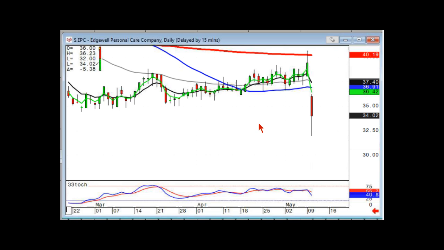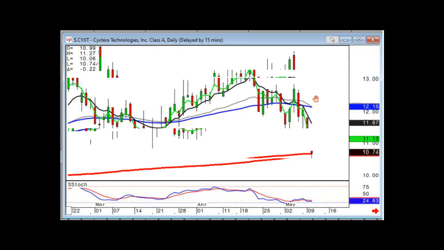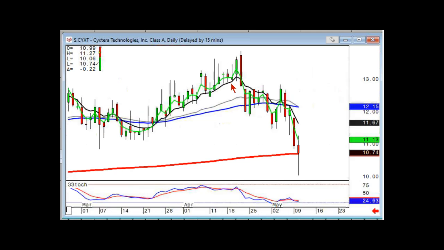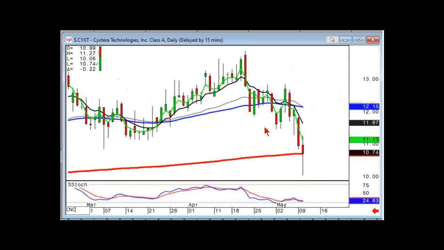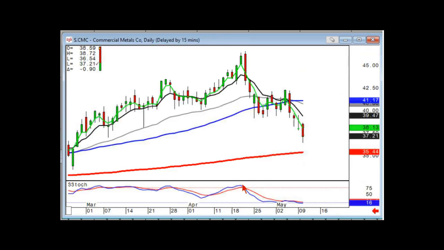Okay. And when you see a big bearish signal, the bigger the signal, the more compelling the downtrend.